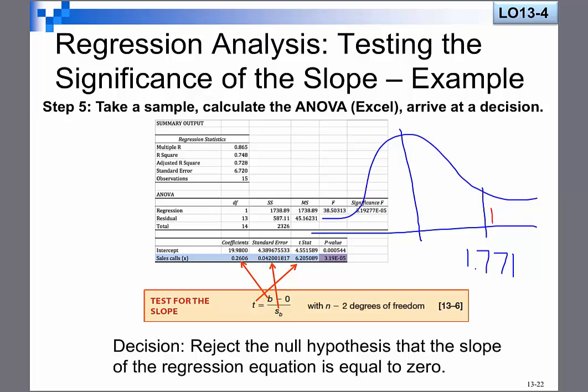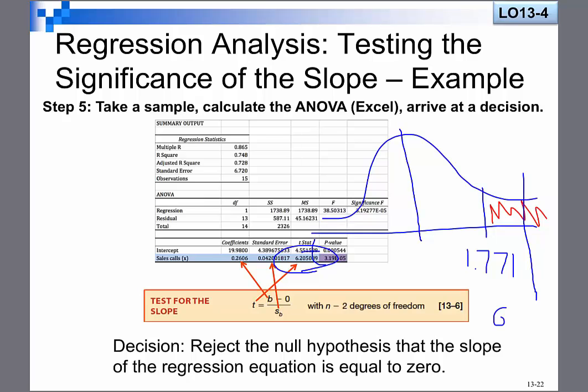And so if this is the rejection region, any computed t, and remember this is a line of t, that falls in the rejection region will establish the fact that we reject the null hypothesis. Our actual number is 6.205.